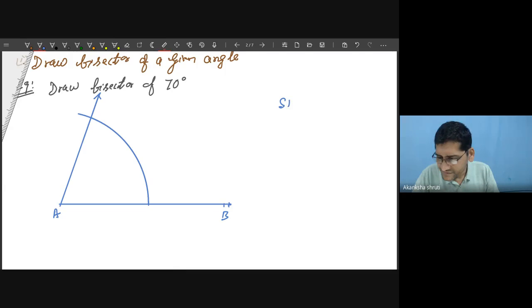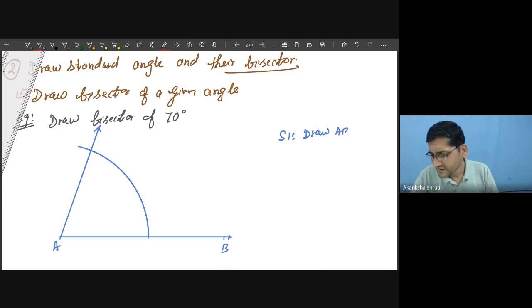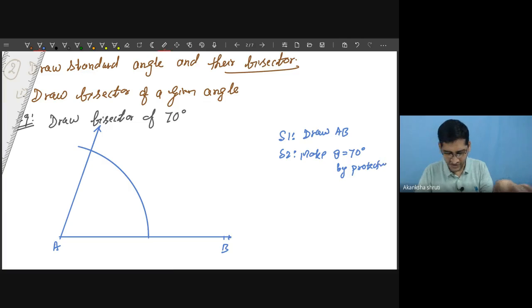Step 1, draw ray AB irrespective of any line. Step 2, make theta equal to 70 degree. How? By protractor, students. This angle drawn is theta, or 70 degree.